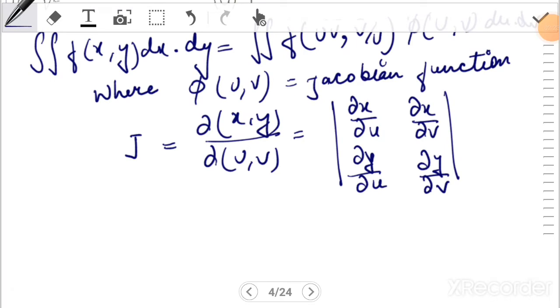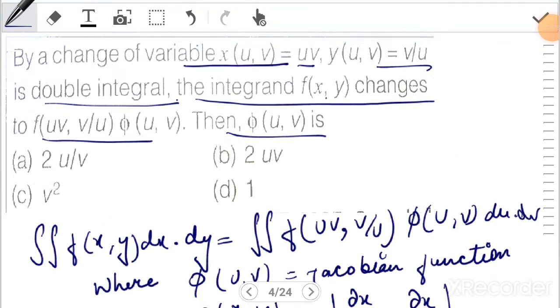So let's differentiate. x with respect to u will be v, and x with respect to v will be u, right? And y with respect to u will be minus v by u square, keeping v as constant, and differentiating y with respect to v gives 1 by u.